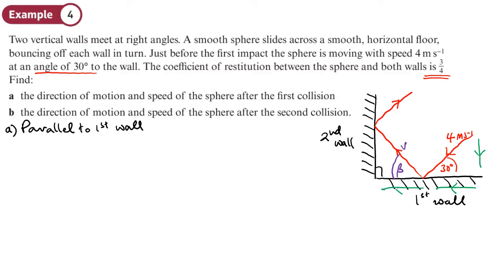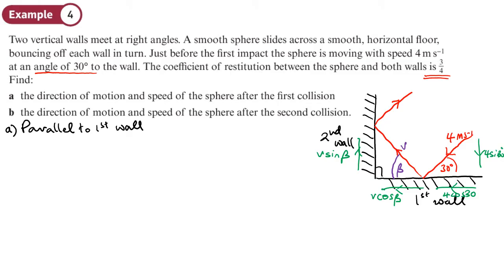So parallel to the wall, that's going to be 4 cos 30, and this will be 4 sin 30, and then over here this will be V cos beta, and this will be V sin beta. So yeah, actually drawing on the diagram does make it easier.